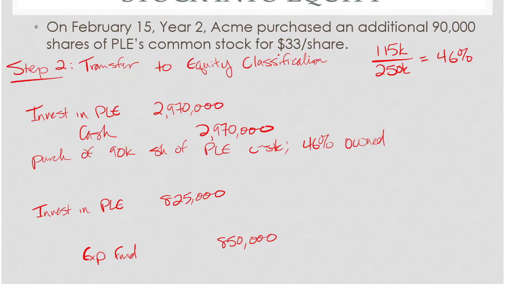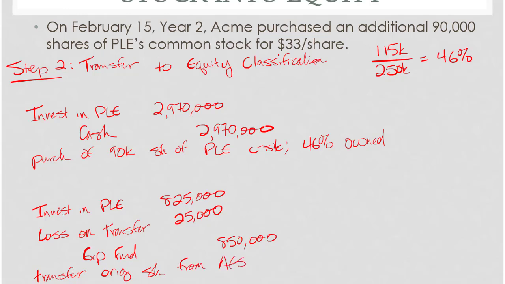In this case, I need a debit, so it's a loss on transfer, $25,000, and this is to transfer original shares from available for sale to equity classification.